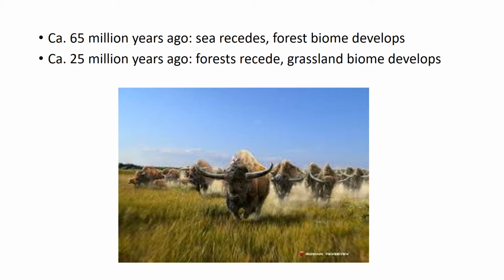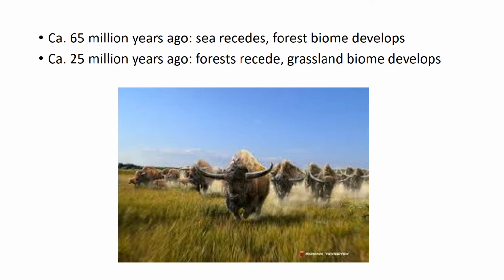And the forest covered the Great Plains for about 40 million years after that, but due to climatological changes, due to things getting drier, that forest receded, even as the sea had receded. And circa 25 million years ago, you saw the beginning of a grassland biome in the Great Plains, which is what is still there.